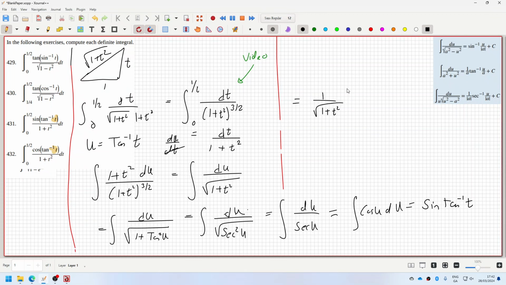I feel like something's... no, sine is... yeah, sine is t over that. Okay, so that's 0 to a half. So that would just be a half over root 5 over 4. Let's see. So that is root 5 over 5.